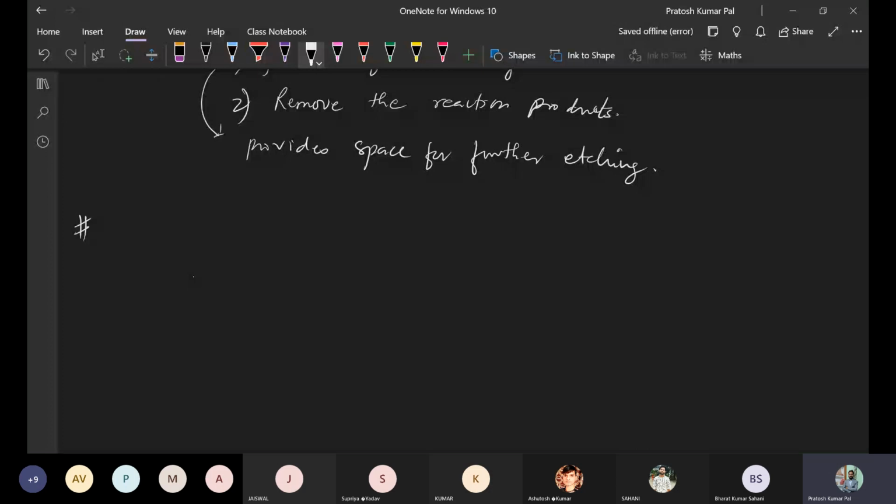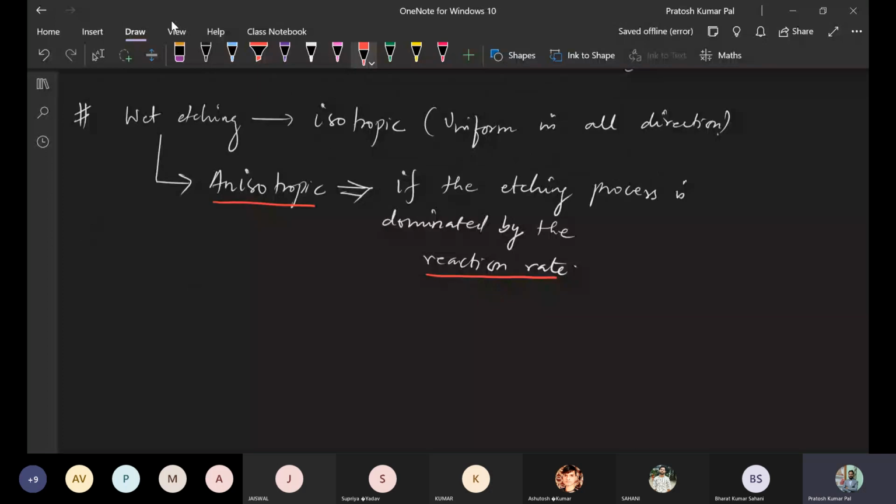And if it is isotropic, that is uniform in all the directions, the etching is dominated by diffusion. So if etching is dependent on diffusion rate, then that will be isotropic. Here, the diffusion rate will be dominating. Okay.